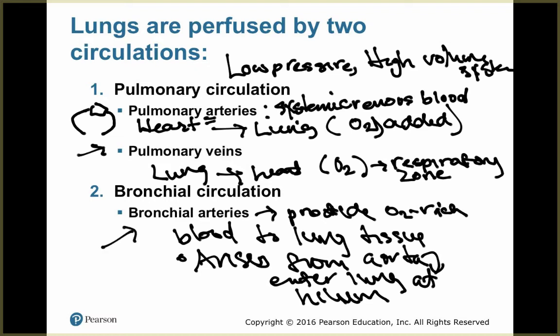So this is part of what's known as the systemic circulation, right? The circulation that's providing oxygen to the body. So it supplies all lung tissue except the alveoli, right? The alveoli are already exposed to oxygen, so they don't need this delivery system. But all the other lung tissue that's not directly exposed to oxygen will need them.